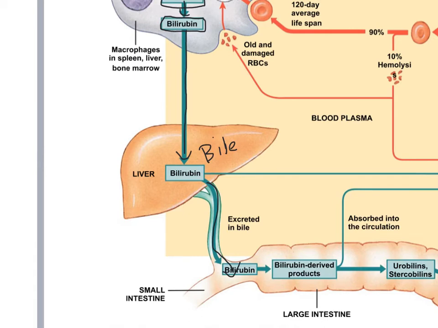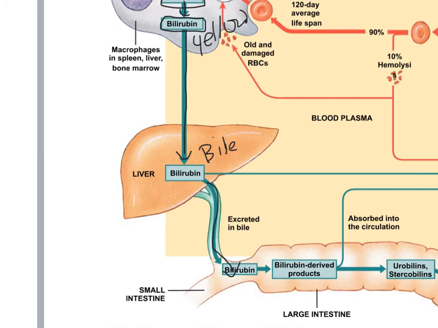Now, if there's a liver disease and that liver isn't working properly and you're not able to excrete that bile, what's going to happen to that bilirubin? It's going to stay in the blood, and then it's going to get stored like in the skin and in the cornea. And since it has that yellow color, what are we going to call that? That's jaundice, right?